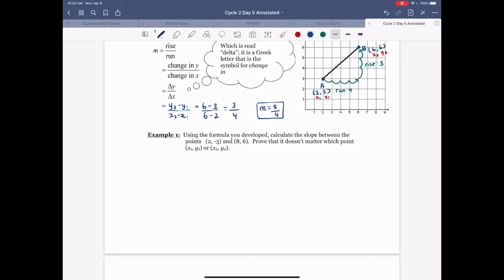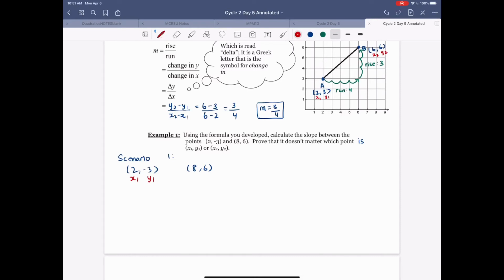Example 1. Using the formula you developed, calculate the slope between points 2, -3 and 8, 6. Prove that it doesn't matter which point is x1, y1 or x2, y2. Okay, so let's have scenario 1. Scenario 1 is when we have 2, -3, and I'm going to label that as x1, y1. Well, why is that?